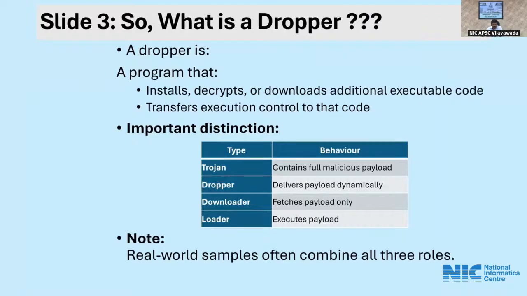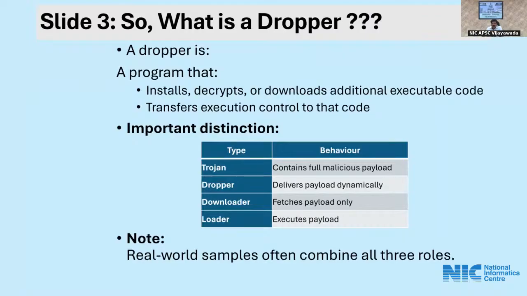Let me give you an example. An APK file is essentially a zip archive. People who are well acquainted with Android development know this, but for those who are not aware, an APK file is simply a zip archive. Inside, you have the classes.dex file.